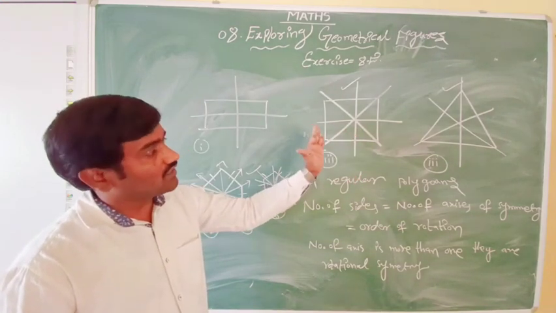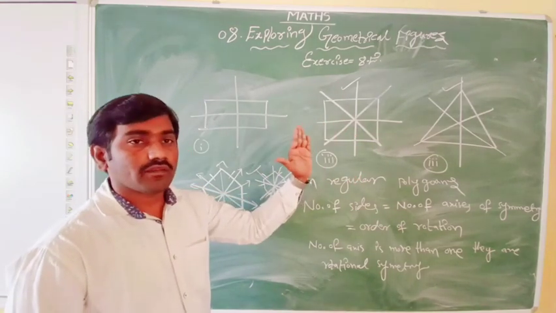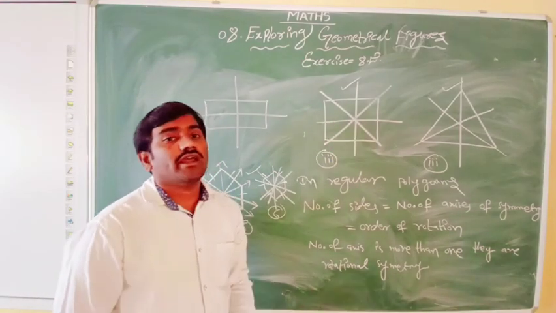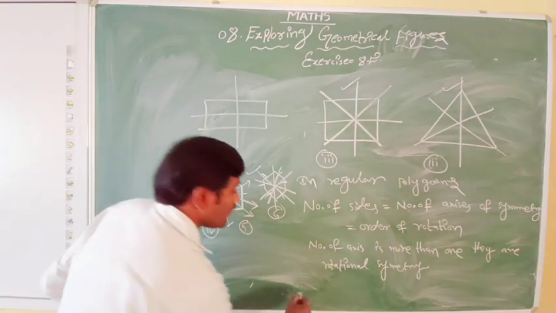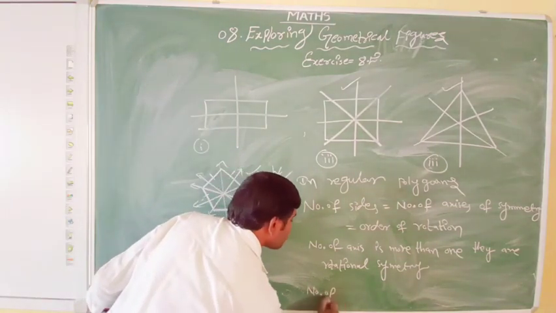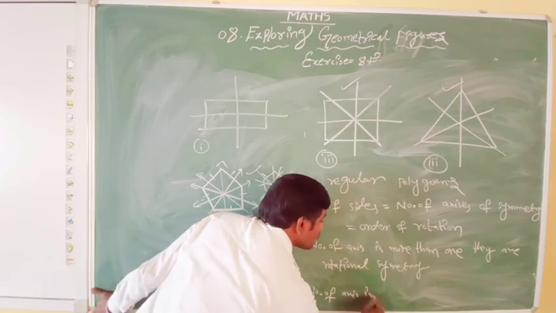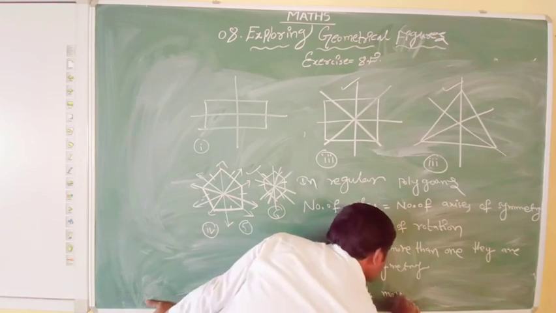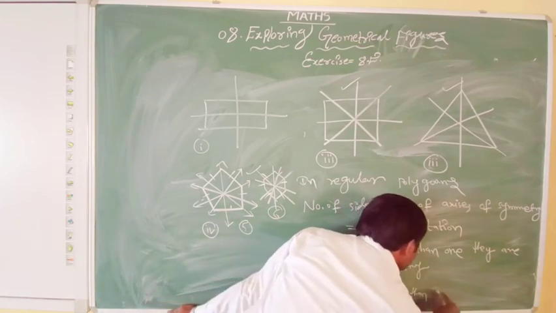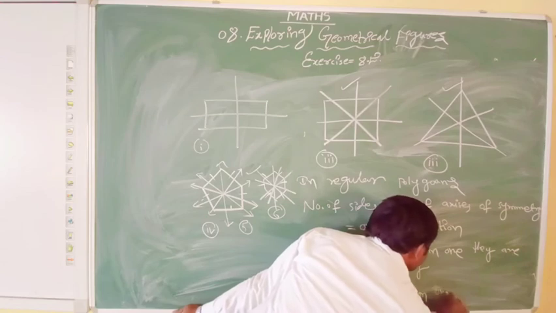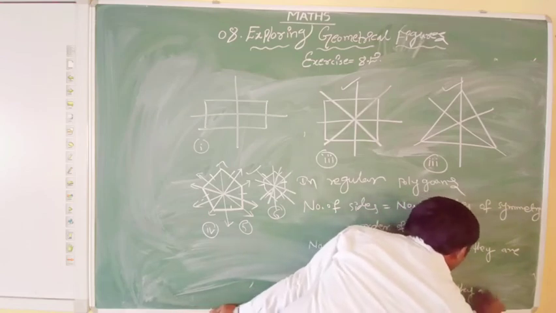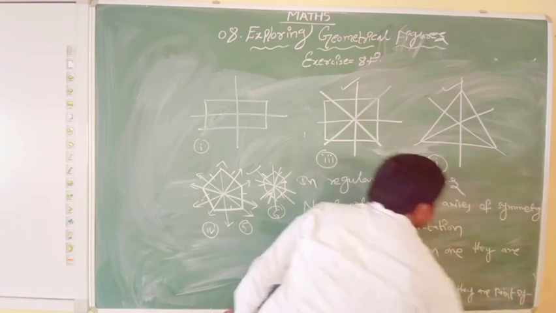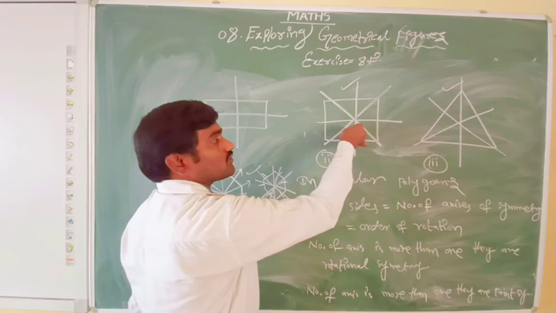If the number of axes is more than one, they are point symmetries.